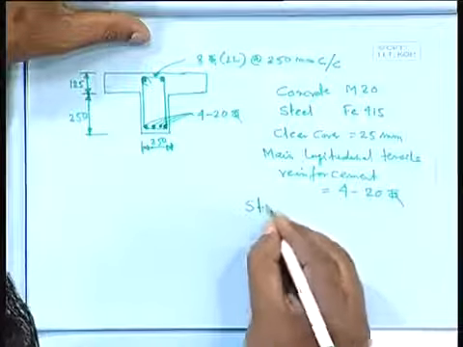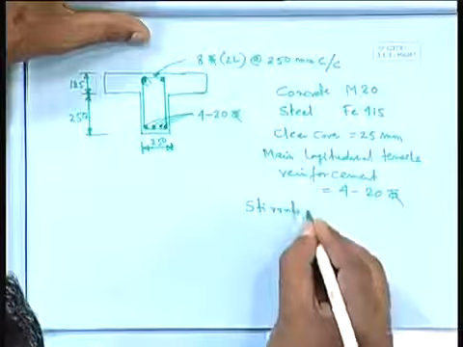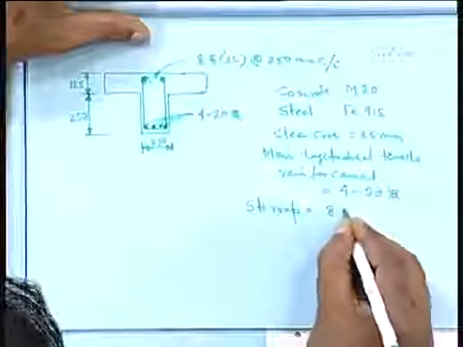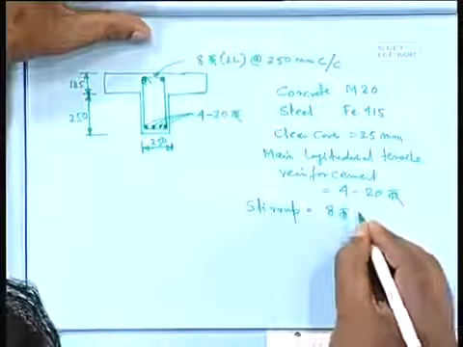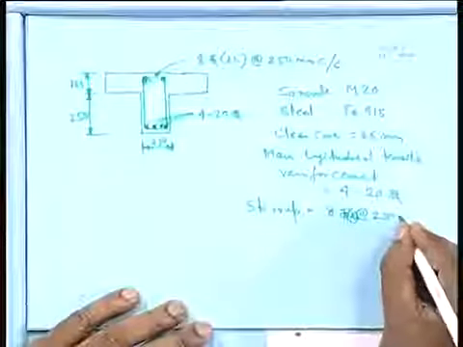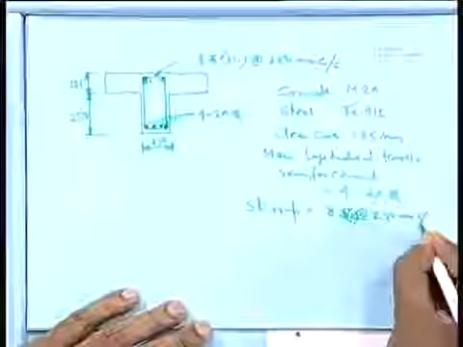Stirrup, 8 torr at the rate of 2-legged, mention 2-legged, at the rate of 250 millimeter center to center.